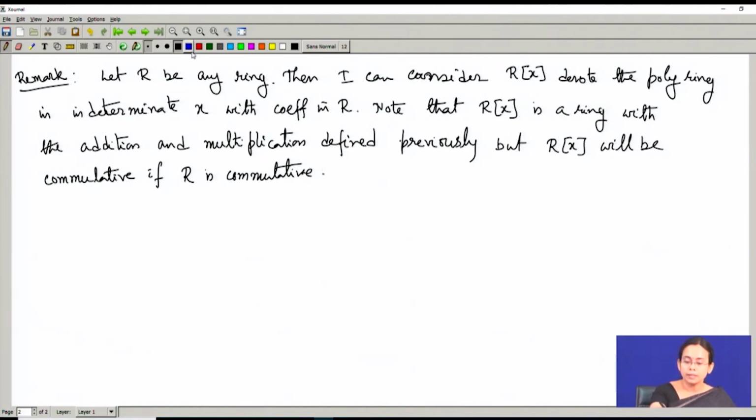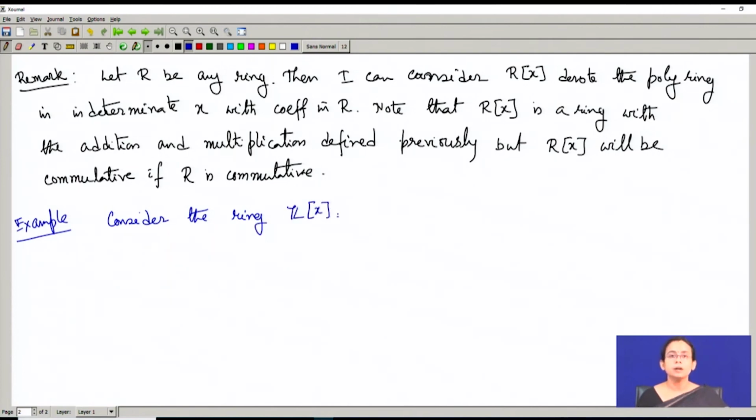The example that I am going to give is the following. Consider the ring Z[x]. Z[x] means the polynomial ring over the ring of integers. Here the coefficients I am considering are from the ring of integers, not from any field.